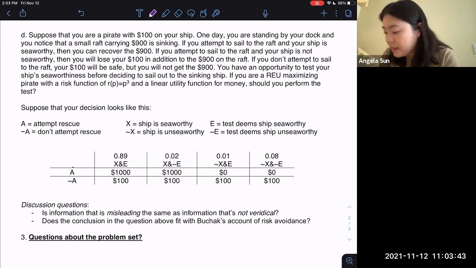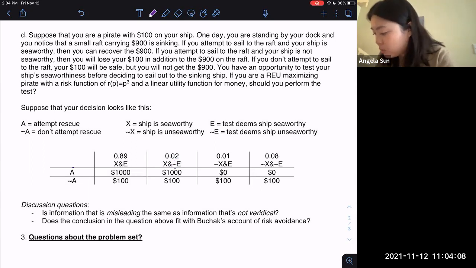Here, the probabilities that we're given tell us a little bit about the experiment that we're doing. In particular, these probabilities tell us that the test is pretty reliable, but not completely reliable. There's a 2% chance that the test will give us a false negative, so a 2% chance that the test will tell us that the ship is not seaworthy when in fact it is seaworthy.